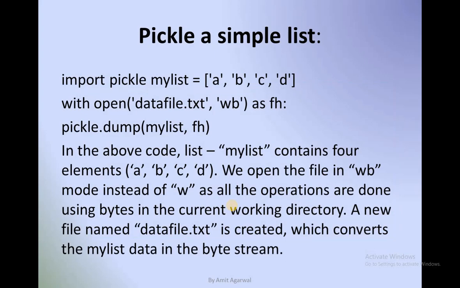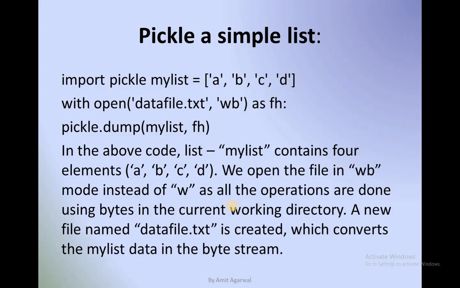Let's say we have import pickle, we have a list ABCD, we are opening a file and we are dumping the content of the list into the file. In pickle we have two methods, dump and load. Dump means to write data into a binary file, and load means to read the data from a binary file. Alright, so we will understand it with the help of a code.